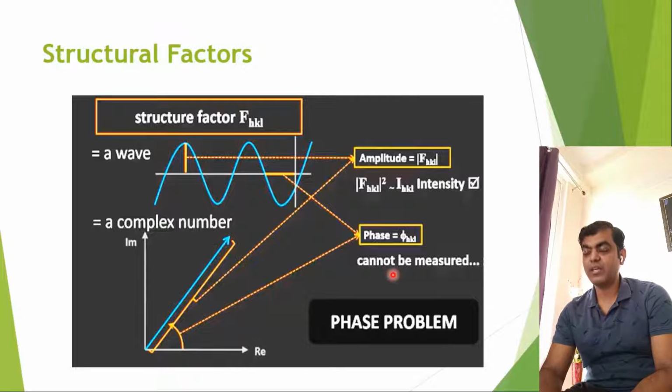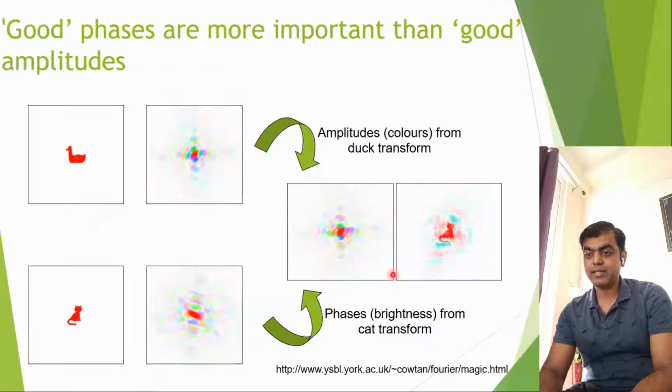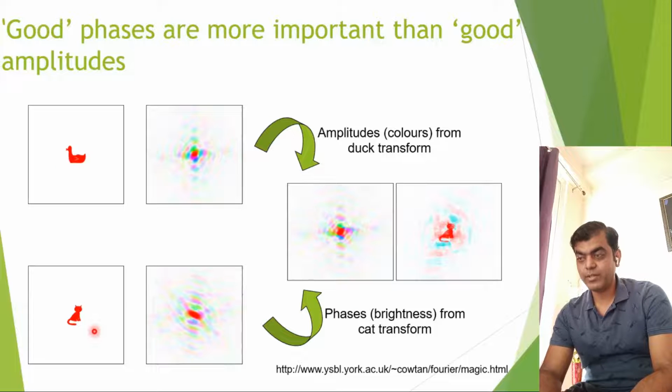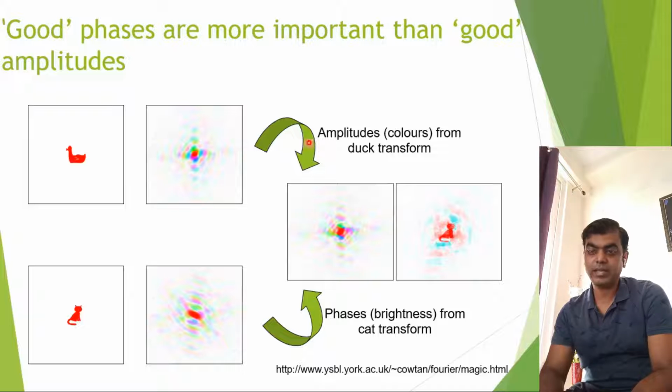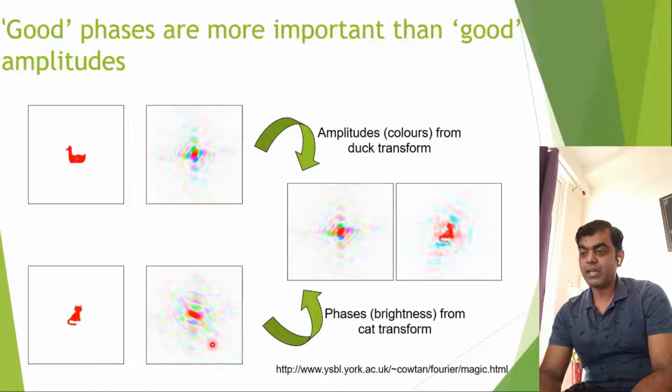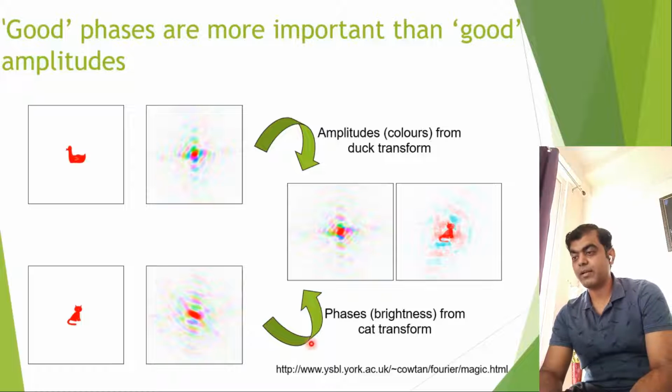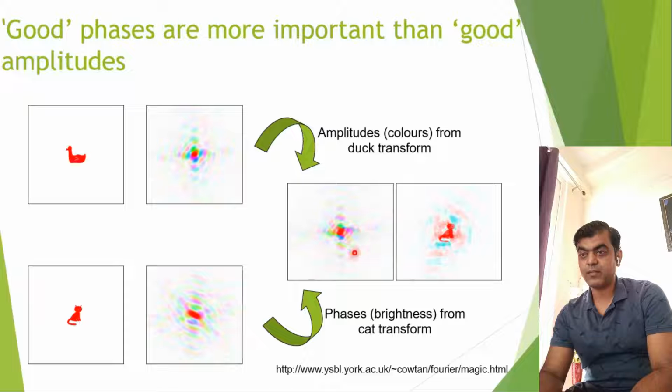Now if you see here, this is a duck, this is a cat. If we just take the amplitude information from the X-ray diffracted images, and from there try to backtrace the structure, you will get an image of the duck somewhere like this.